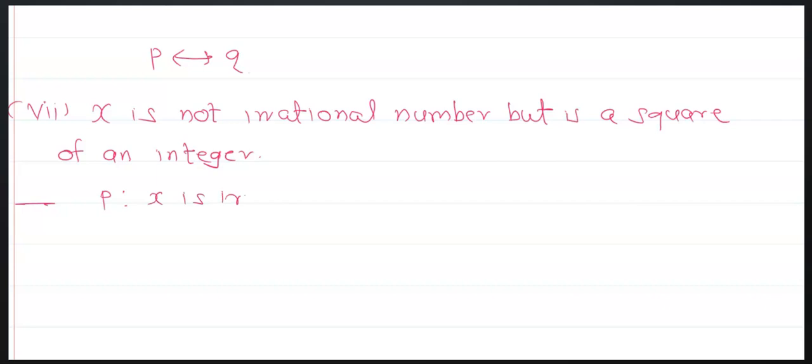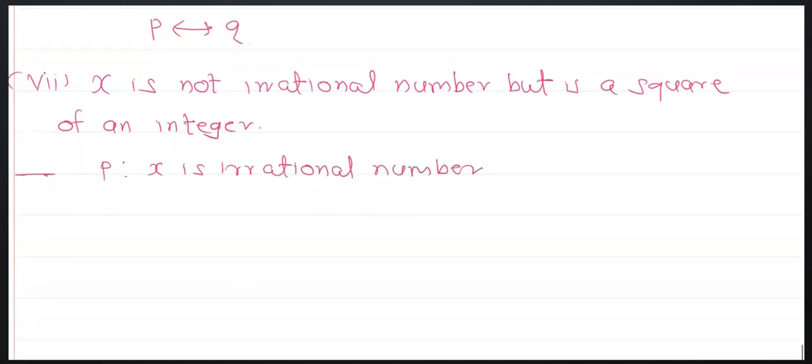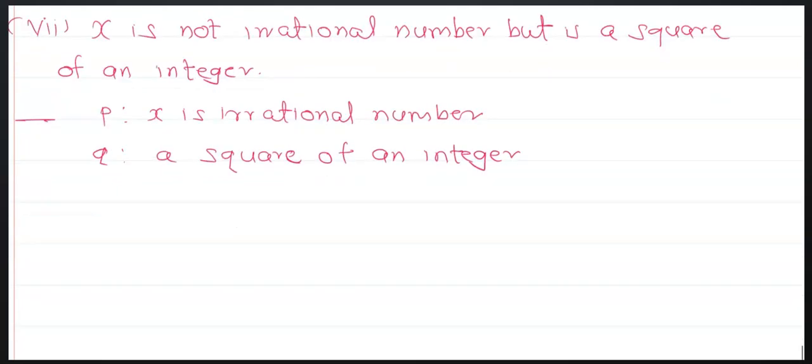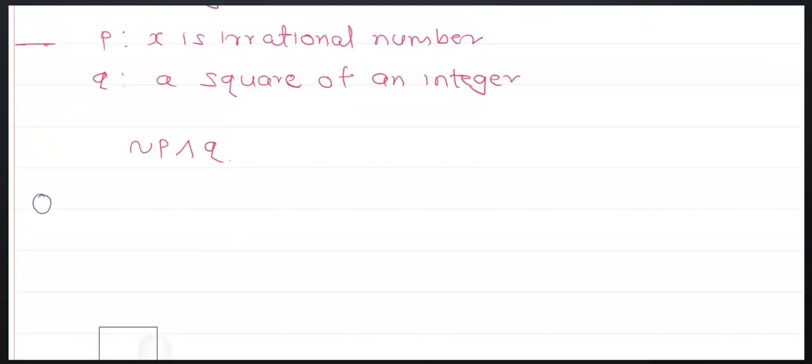P: x is an irrational number. Q: a square of an integer. That is negation of P and Q.